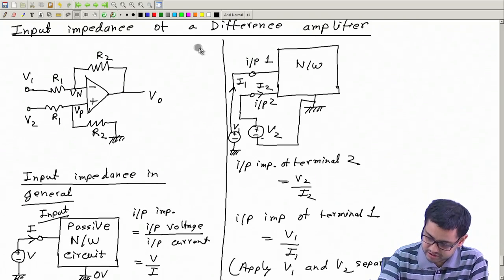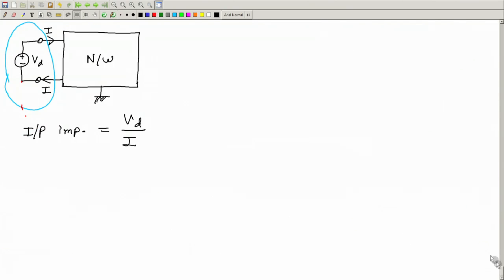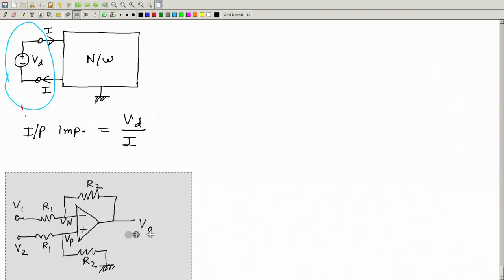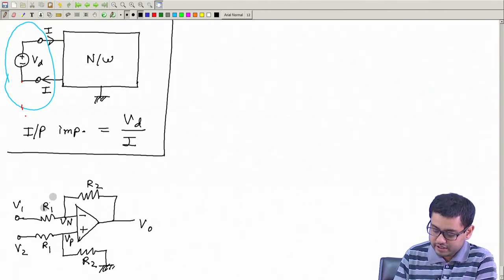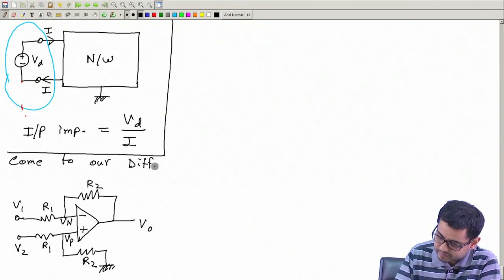So it was not necessary here. Let me cut, paste. Now we come to the specific case of our difference amplifier, the diff amp.